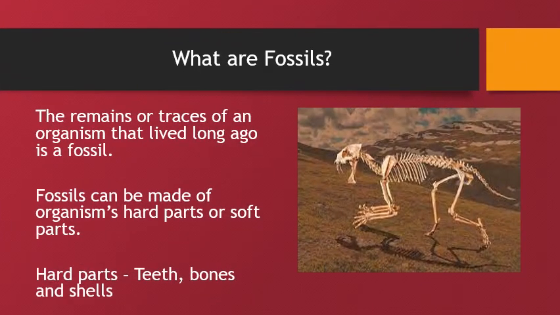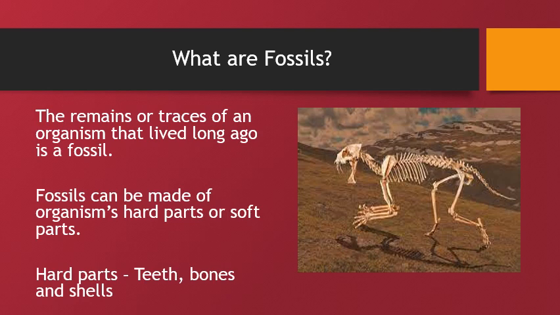So now let us discuss what we started learning yesterday. If you remember, we started learning about the term fossils. I'm just reminding you what fossils are. Fossils are the remains or traces of an organism that lived long ago.